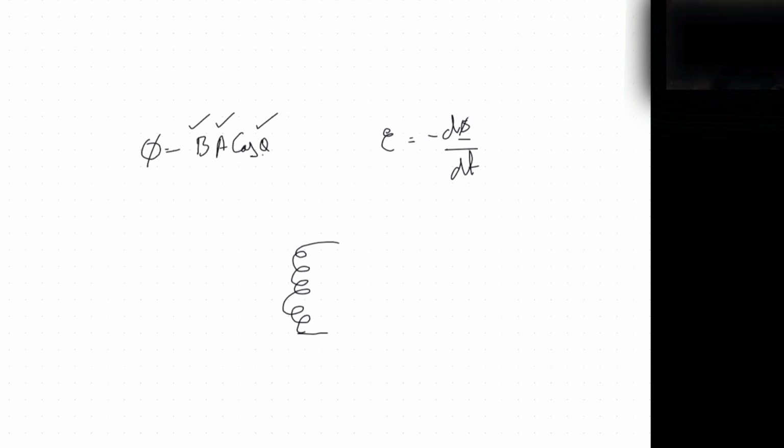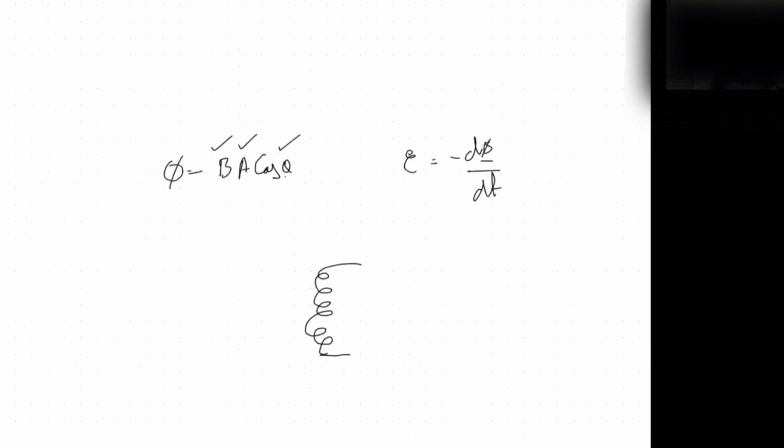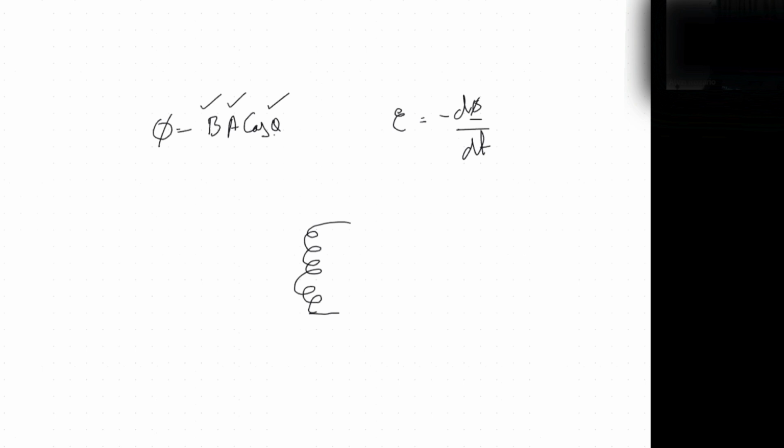Yes, sir, I can see the whiteboard, but I cannot see the entire thing. I think you have to scroll down a bit on your whiteboard so that I can see. I can scroll down on my screen also. I can see it now. Okay. Fine.